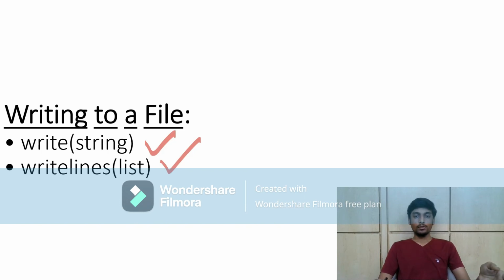Write() is a method which transforms strings into files. The second one, writelines(), writes a list of lines into the file. We'll see a few examples.